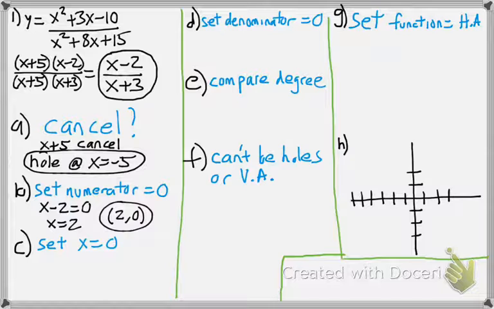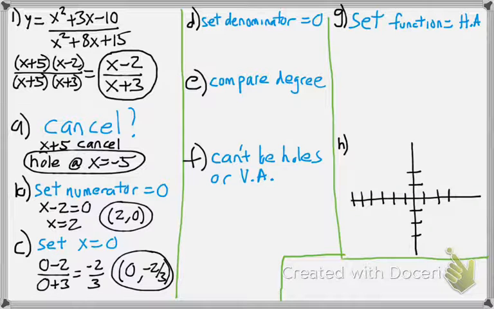To get the y-intercept, you want to set x equal to 0. So if I plug 0 in wherever I see x, then this is going to be negative 2/3. So as an ordered pair, that would be (0, negative 2/3).